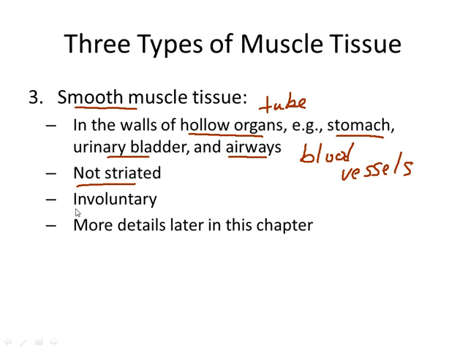Again, involuntary. You're not in control of it. It does its own thing. And we'll talk about it a little bit more, but again, you're going to see this again in 202, because in 202, you talk about the digestive system, you talk about the urinary system, and you talk about the respiratory system, and then you talk about the cardiovascular system. So smooth muscle will come up again in your 202 studies.